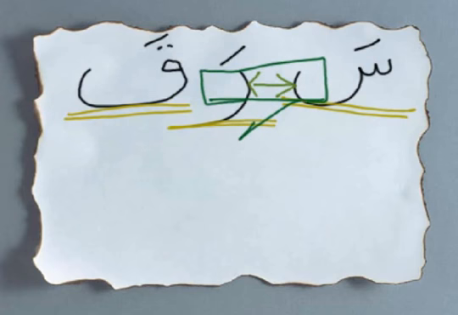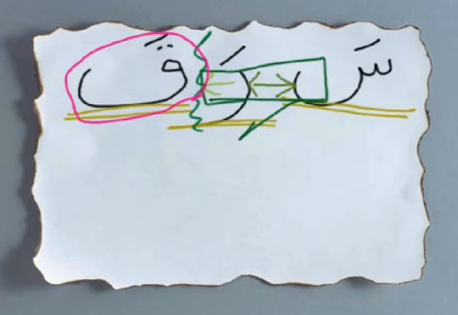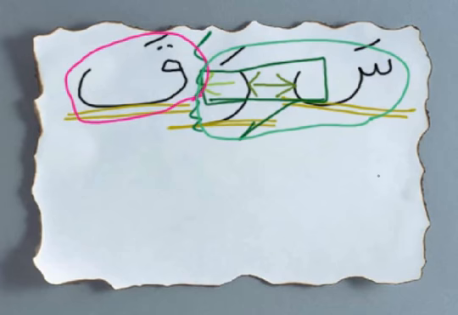Now this sin and ra getting together just doesn't seem to make the qaf feel included here, because the ra does not connect with the qaf or any other letter that would be in front of it. But they still get together and make one word.